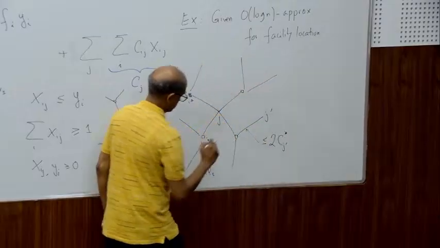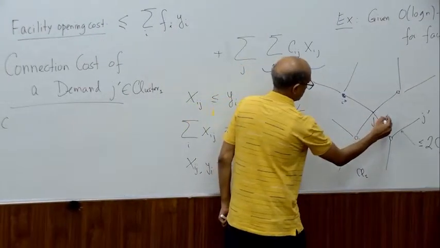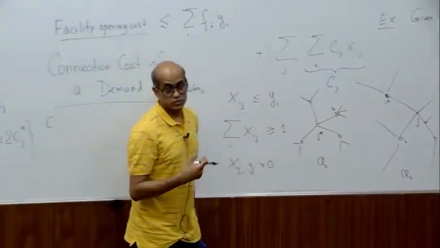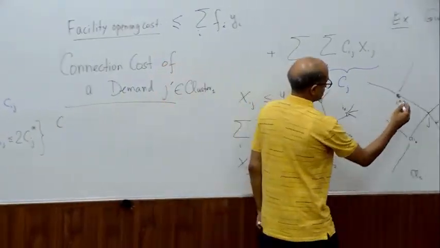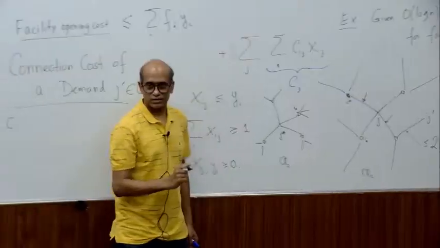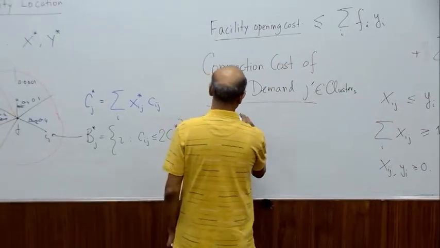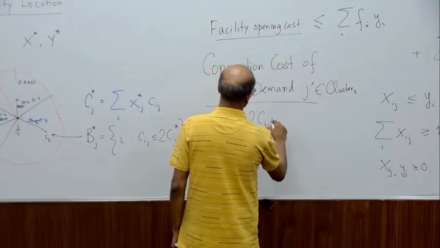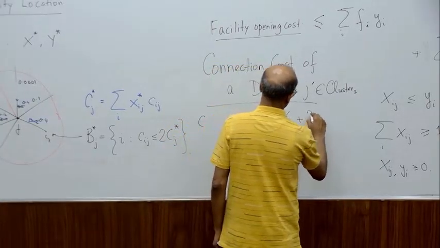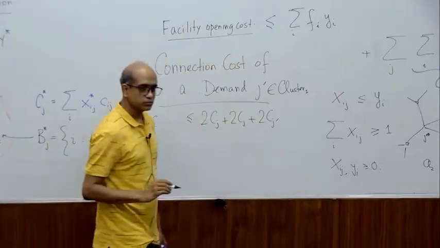Sometimes putting stars, sometimes not. What about this guy? 2 Cj. What about this? 2 Cj. So at most 2 Cj plus 2 Cj plus 2 Cj prime.